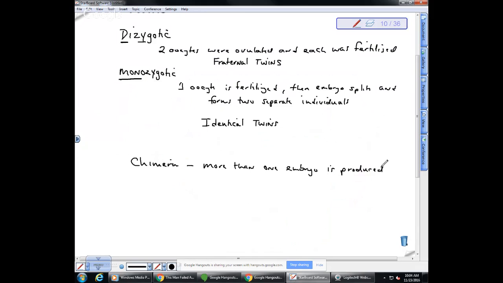And this actually is thought to occur more frequently than was originally thought. They think that in one out of 8 pregnancies, you actually start out with more than one embryo. And so that's a lot, right?